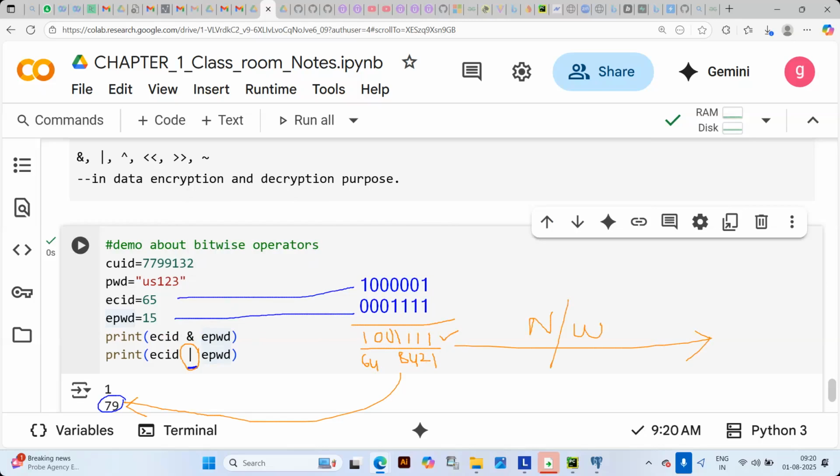This is how the data will be in a completely encrypted format. Absolutely, that would be useful for you. I hope everyone is clear.